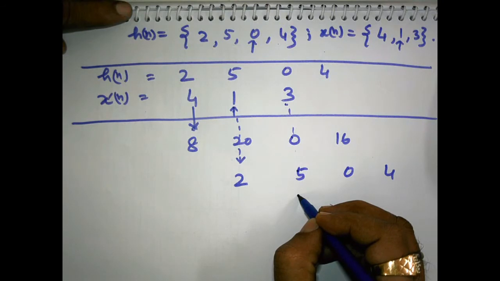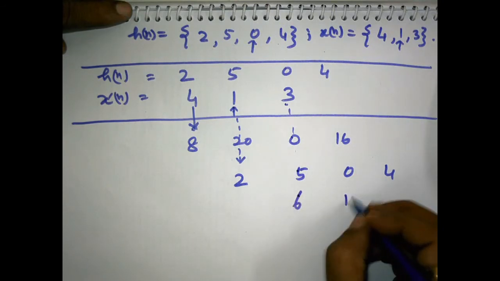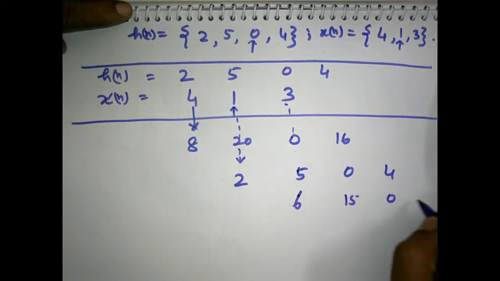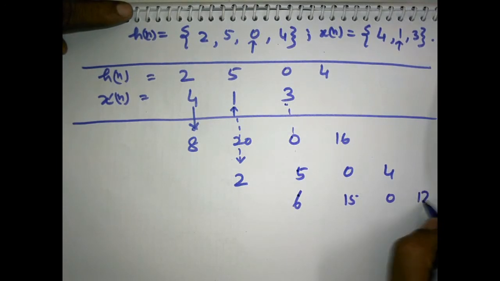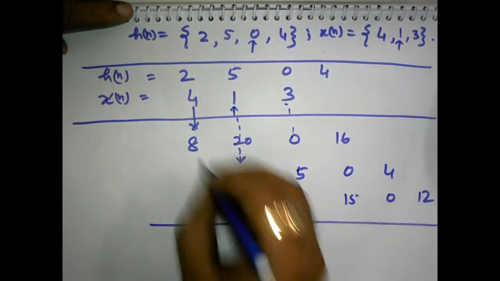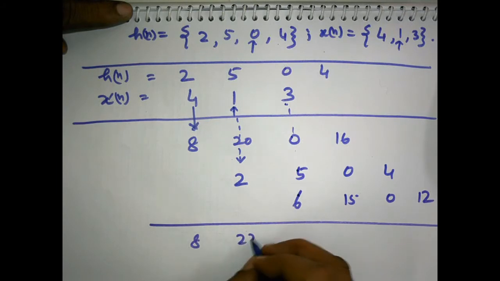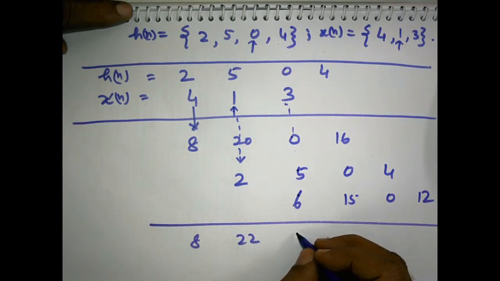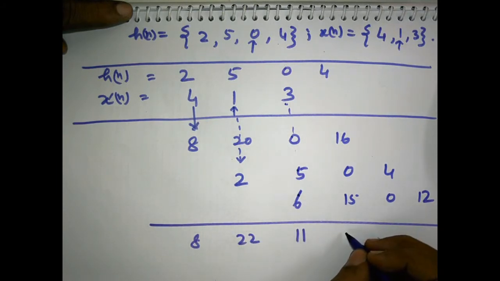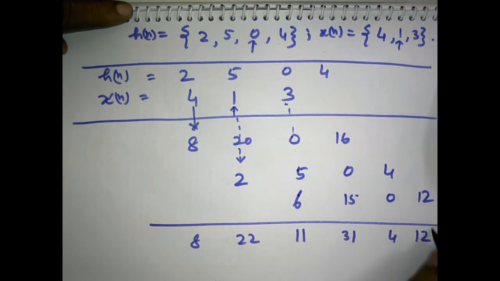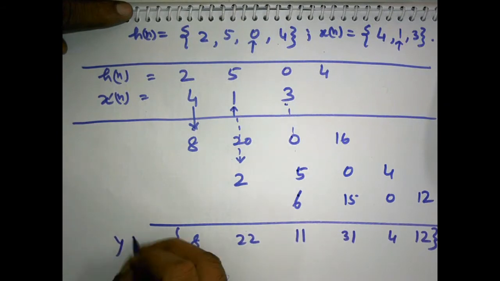So what will be the output? 6, 15, 0 and 12. Am I right? And you add all the values. So this will be 8, 22 and 11 and this is 31, 4 and 12. This is your yn.